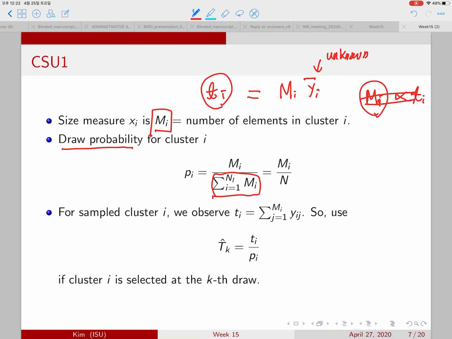By the way, the normalizing: the sum of the M_i over the whole cluster population is equal to the population size, which is capital N. And then for a sampled cluster, we observe the total sum of the y's in cluster i, because it's a single-stage cluster sampling. And then we use T_i divided by P_i if cluster i is selected at the k-th draw and construct capital T hat.